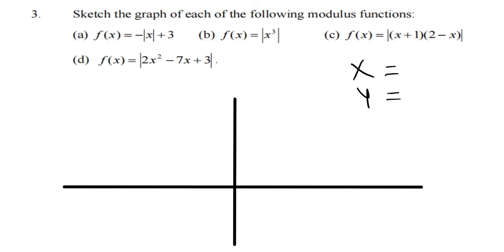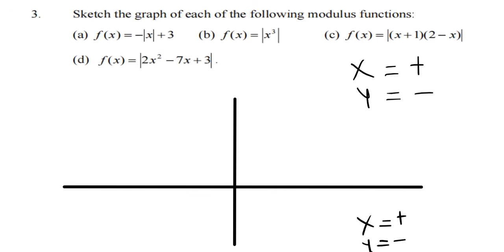In this case, look at the x in the modulus, it is positive. Then look at the value of the whole function. Because of this negative, the value of the whole function is negative. So we're going where x is positive and y is negative. So our graph is supposed to go in that quadrant.